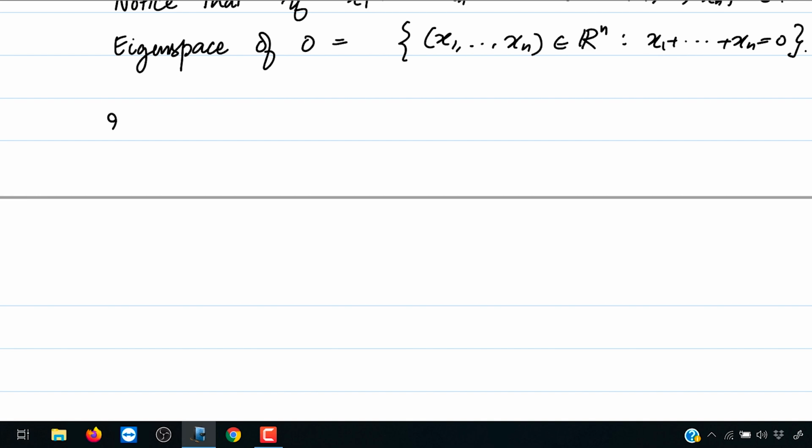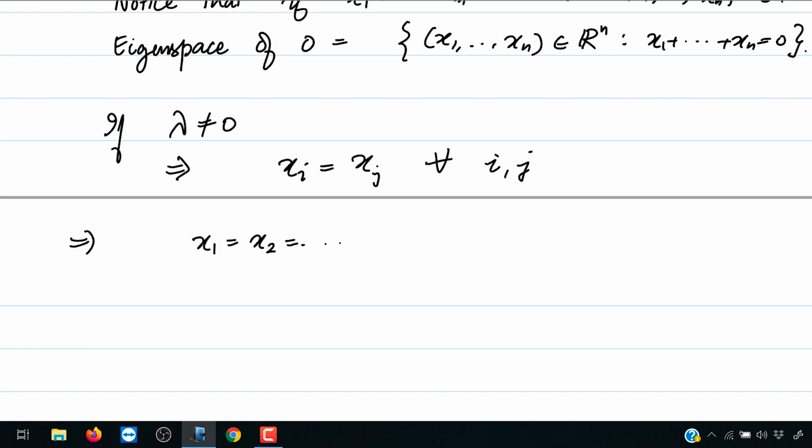If lambda is not equal to 0, let's see what happens then. This would imply that xi is equal to xj for all i, j. This implies that x1 is equal to x2 is equal to up to xn. And what does that imply? This implies that T of (x1 to xn) is equal to T of (y, y, up to y), let's call this y.